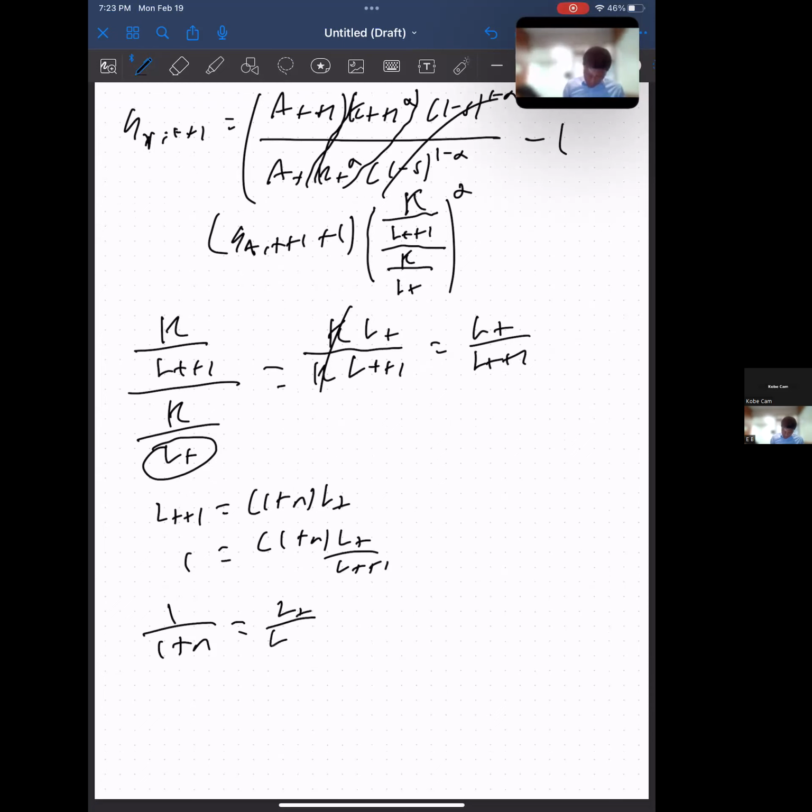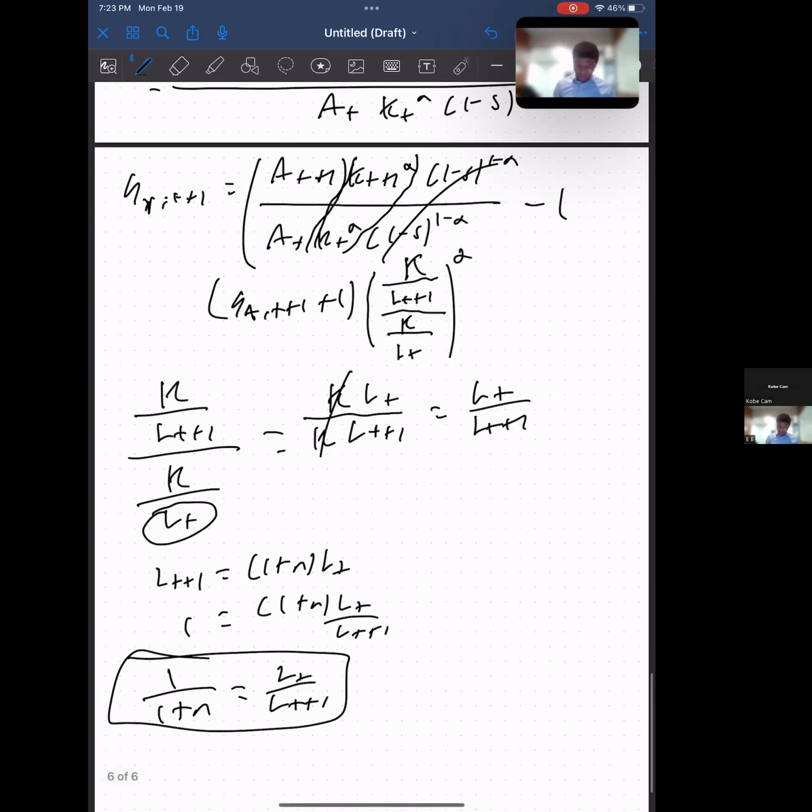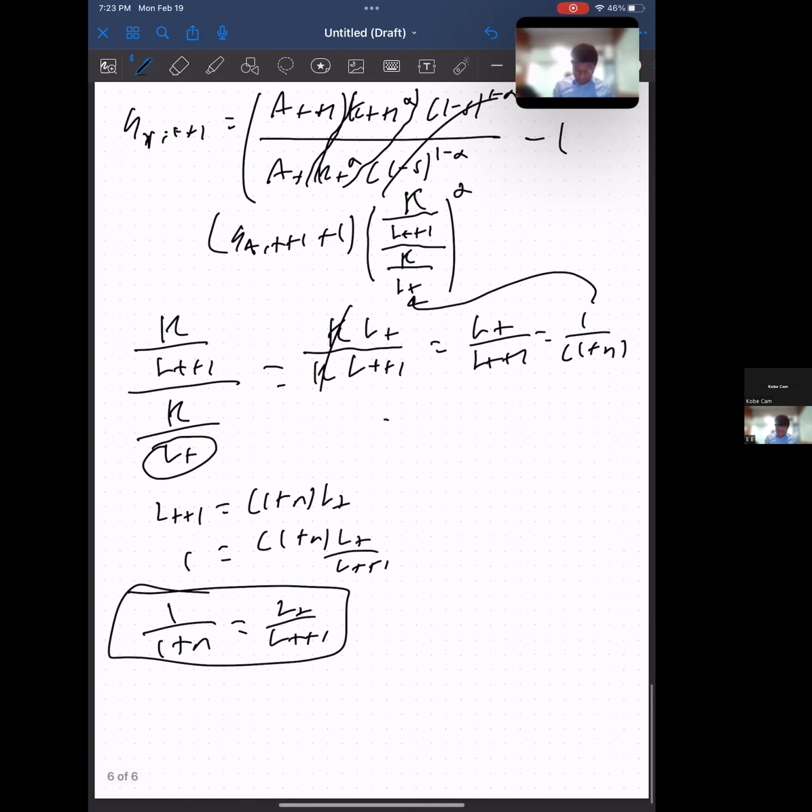Now we have this. We can plug this into our equation for this. So if we bring this and put it over here, now we have the growth rate.